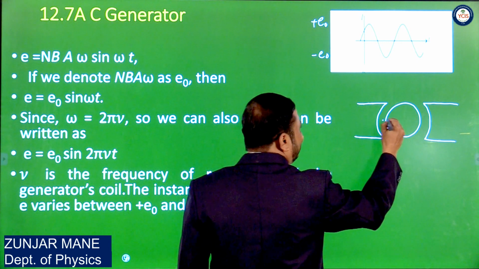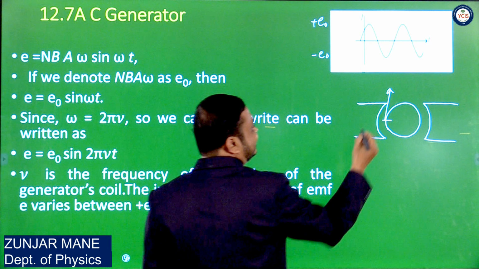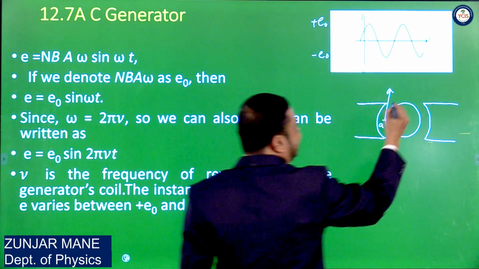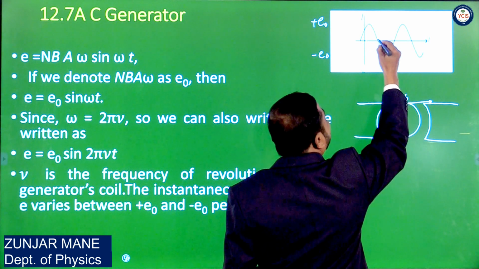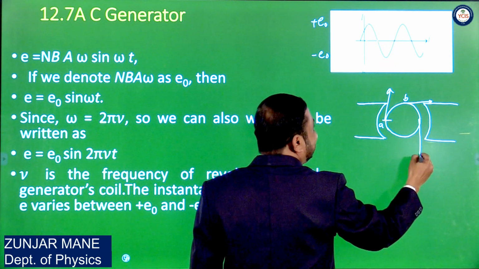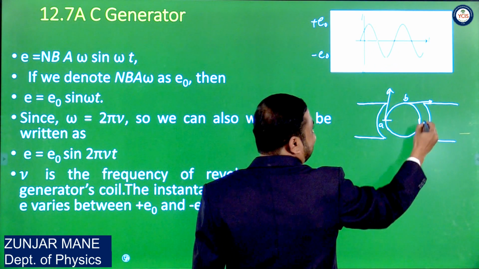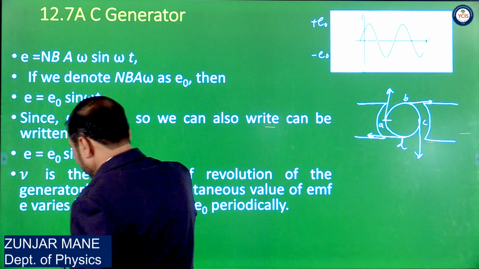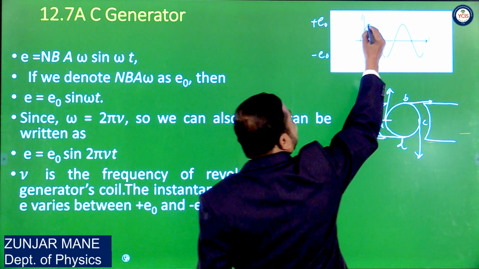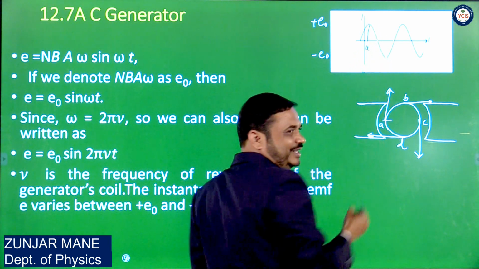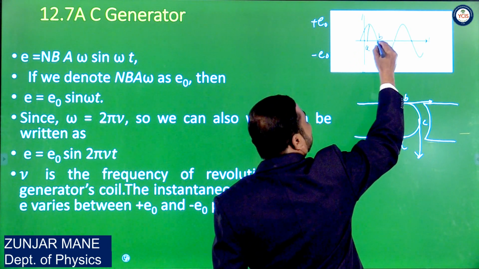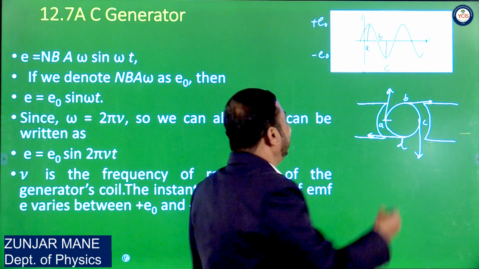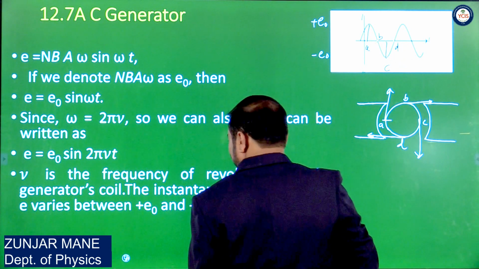Suppose the coil moves upward from this point, A. When the coil reaches this point, it is B. Again it moves downward, that point will be C. And again when it moves parallel, that point will be D. So this is point A when the coil moves upward, point B when the coil moves parallel to the field, point C when the coil moves downward, and point D when the coil moves parallel to the field.